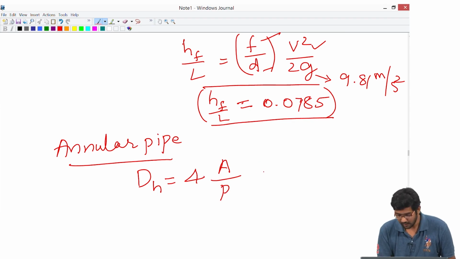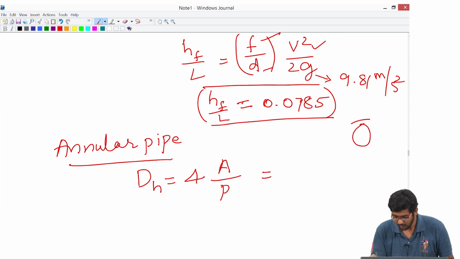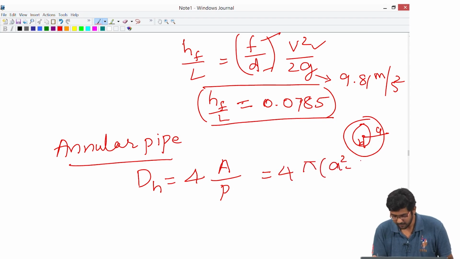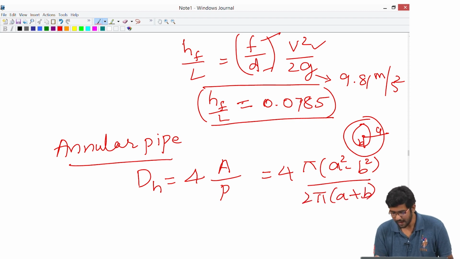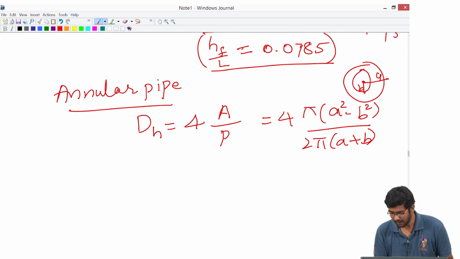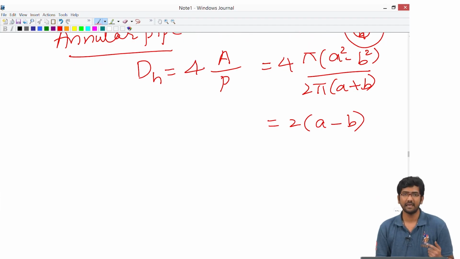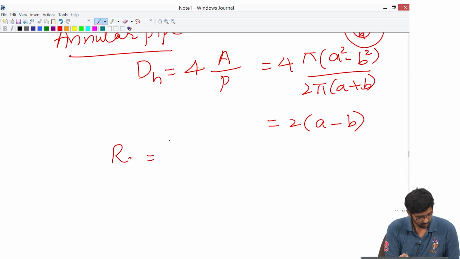For this geometry, which is the annular pipe, this is A and this is B. The area is pi times (A square minus B square), which is pi times (A plus B) times (A minus B), and the wetted perimeter is 2 pi A plus 2 pi B, which is 2 pi (A plus B). So, this gives us a hydraulic diameter dH of 2 times (A minus B). We calculate the Reynolds number based on this hydraulic diameter, which is velocity times dH by nu.